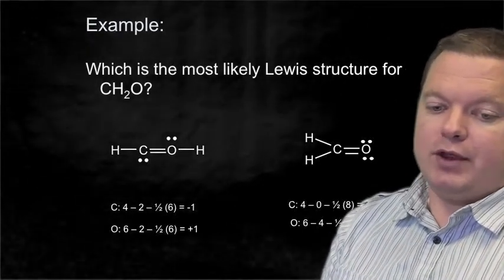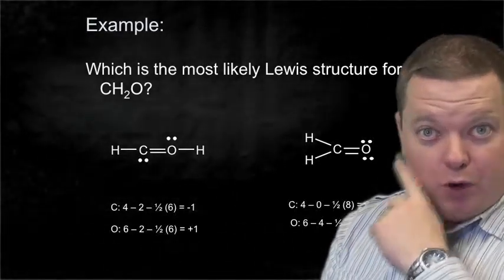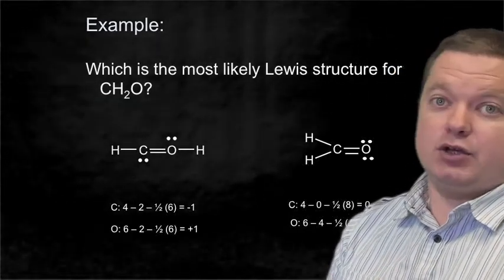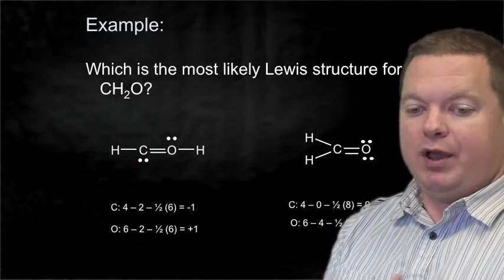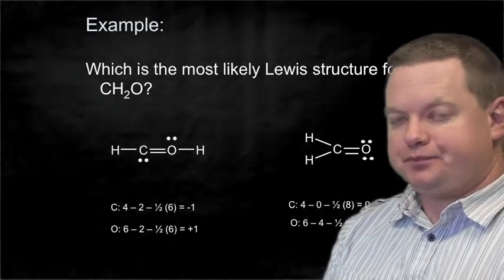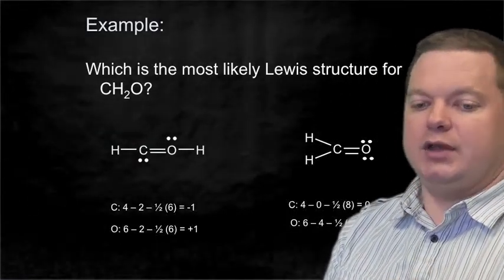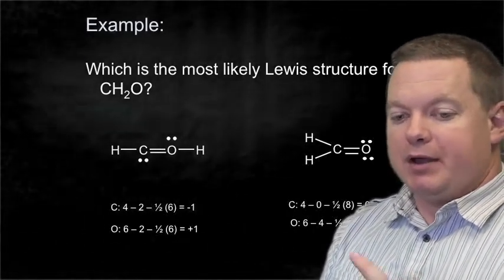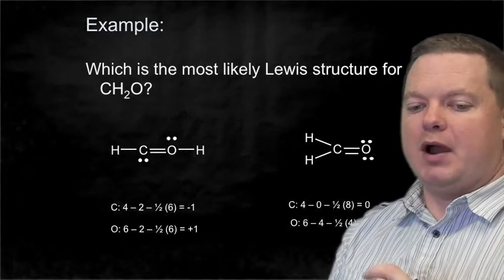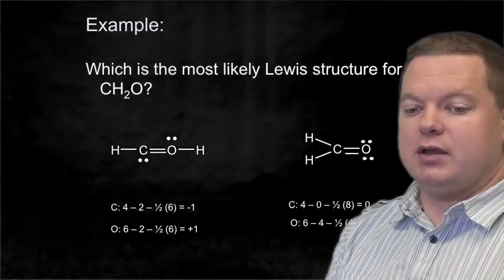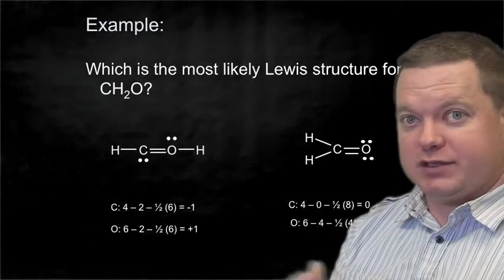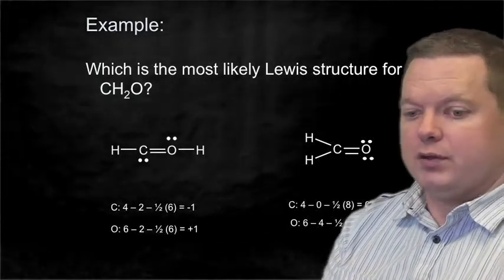In that structure, the number of lone pair electrons, there's 1 lone pair or 2 electrons. Carbon is sharing 6 electrons, so we take 1/2 of that. We get a formal charge of -1. For the oxygen, again, 6 electrons in the valence, minus the 2 electrons in the lone pair, minus 1/2, it's again sharing 6 electrons, so we get a +1. So we have a -1 and a +1. Still the sum is equal to 0, so it follows the rules.